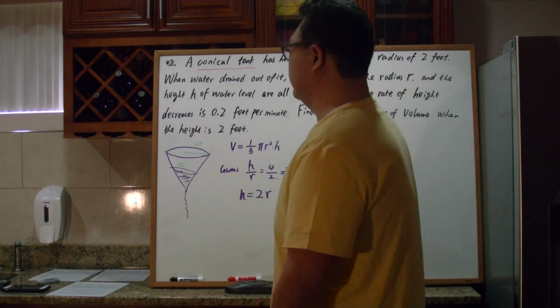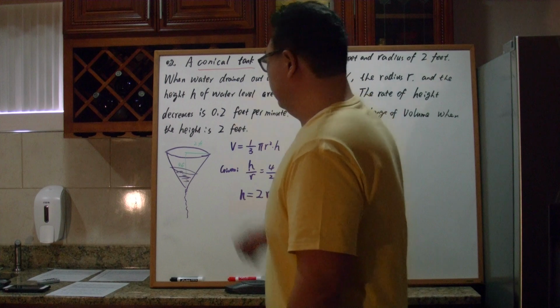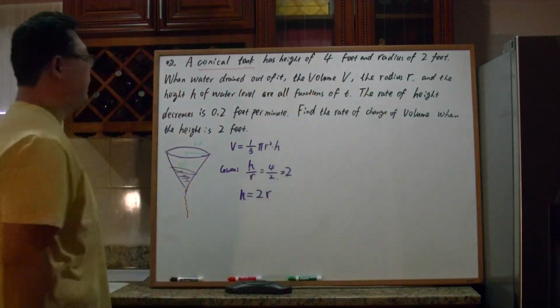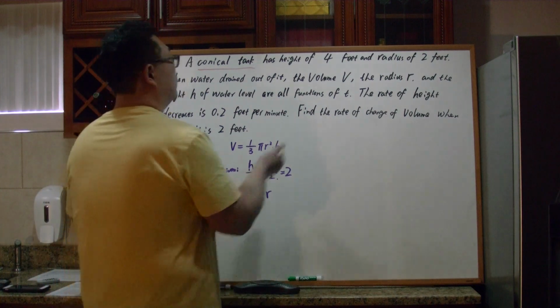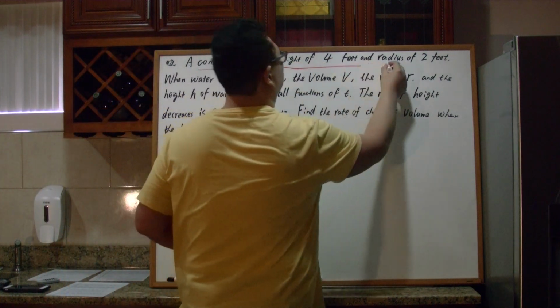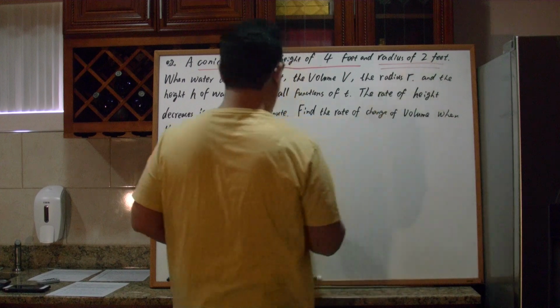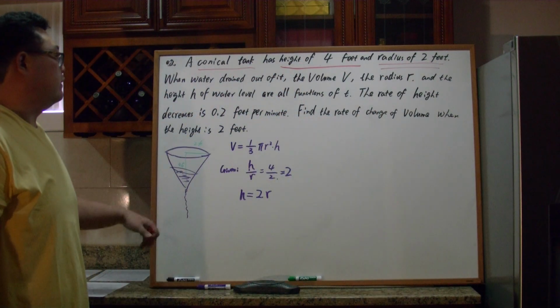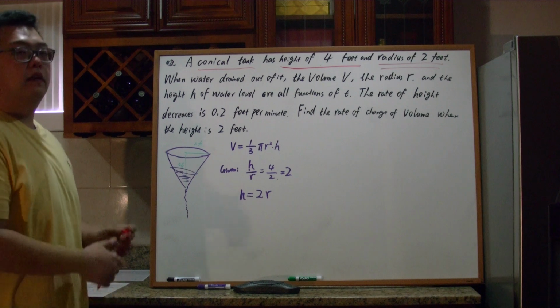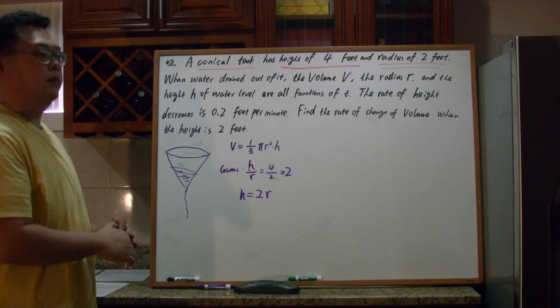For the water tank remains, right? That's the second piece of information. Height is 4, radius is 2, so it will hold even though the water is draining out of the container, right? That relationship will still hold.